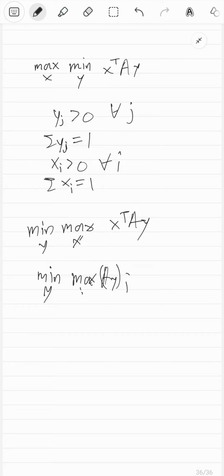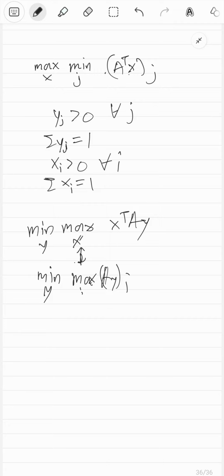So instead of power mean inequality, you can think of that as the L0 and L1 norm and all that stuff. But in the end, the point is that this can be written like this. Similarly, this can be written like this: minimize over j of (A transpose x) sub j, the jth entry in the vector A transpose x.